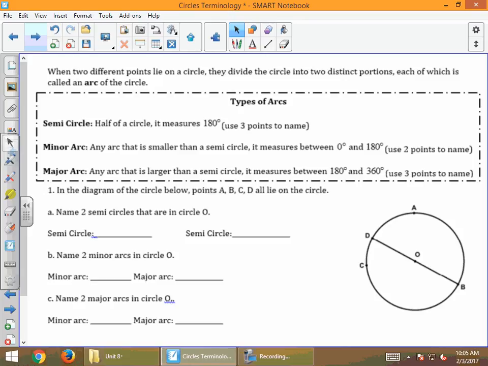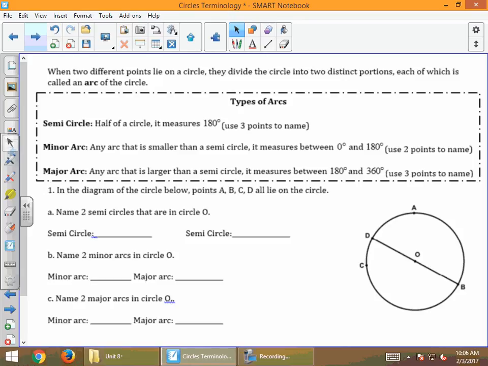To name a semicircle, we use 3 points. To name a minor arc, we use 2 points. And to name a major arc, you also use 3 points. Okay? It's super important when naming arcs. We're going to do this in this next example. Order matters.